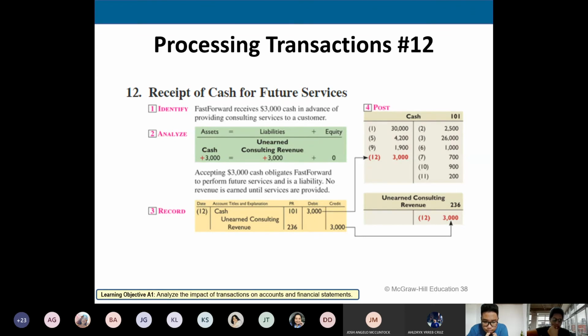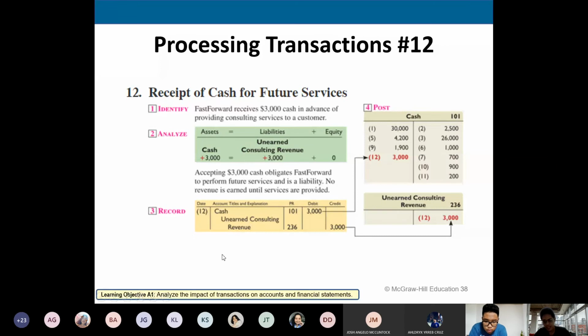Okay? That unearned consulting revenue will actually appear, no, sa liability section natin. When you prepare the trial balance, pag hindi pa nire-render yan, this unearned consulting revenue would actually reflect sa liability natin. Sa revenue, hindi ba equity item? No. Kasi unearned siya.